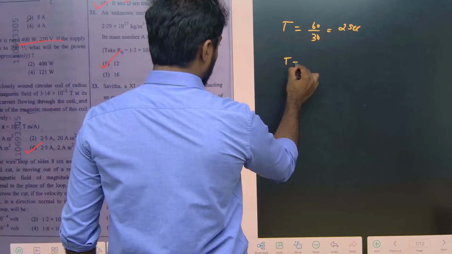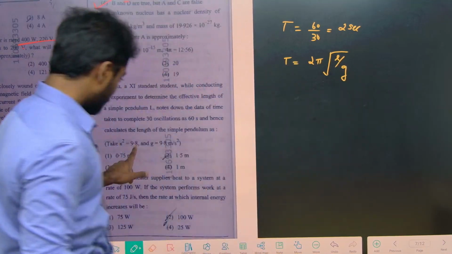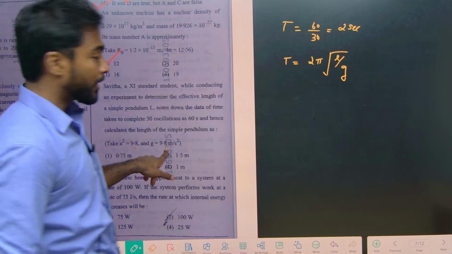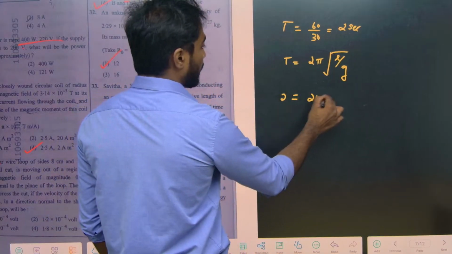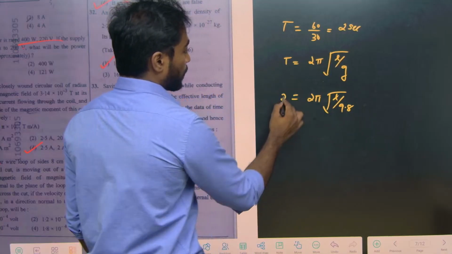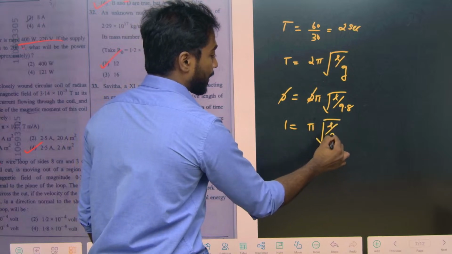So T is equal to 2 pi root over L by g. They ask us to take pi square value as 9.8 and 9.8 as g. So 2 is equal to 2 pi root over L by 9.8. So 2 and 2 get cancelled. 1 is equal to pi into root over L by 9.8.